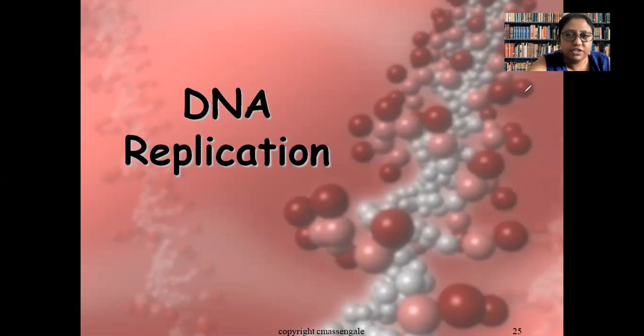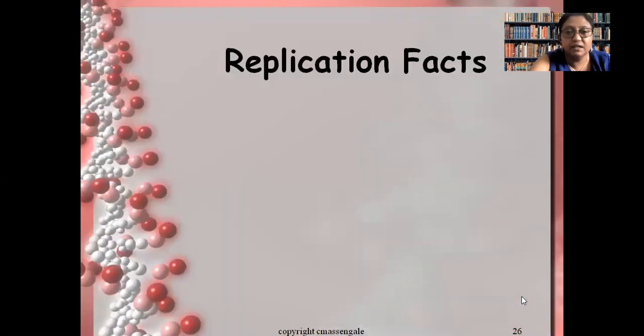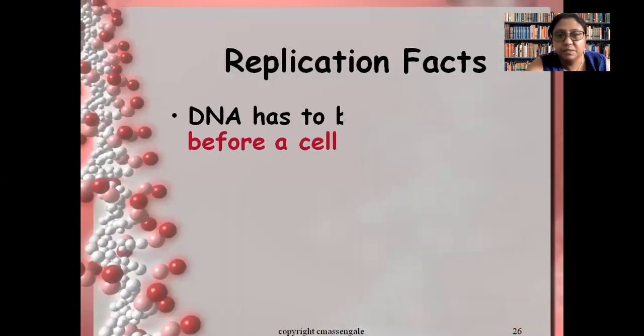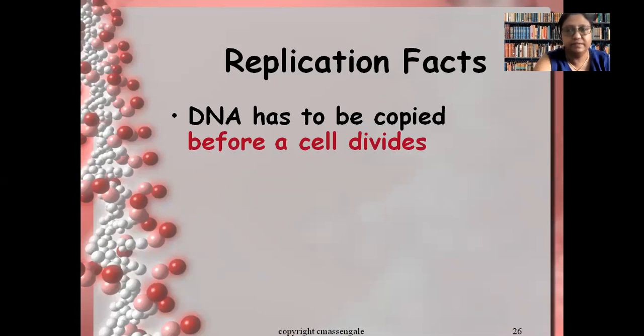Now the next question is, when DNA replication takes place in a cell, what is the time when it takes place? So DNA has to be copied before the cell divides. During mitosis or meiosis, the chromosomes are divided into different cells, and the cell is having either half of the DNA content or 1/4 of the DNA content.